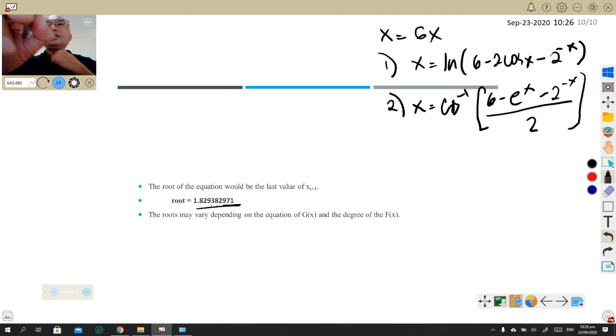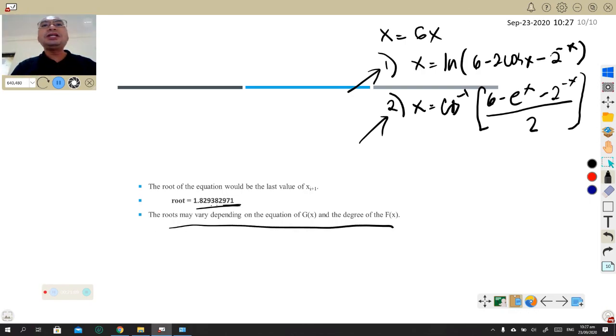So the root of equation 1 is different from the root that we can derive from equation 2. The roots may vary depending on the equation of g of x and the degree of the function of x. So that's it for the method of successive substitution.